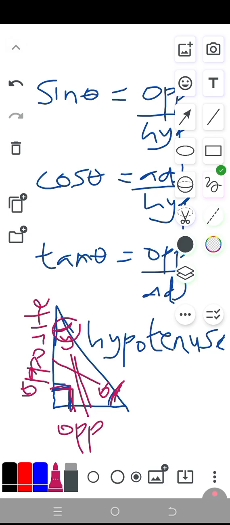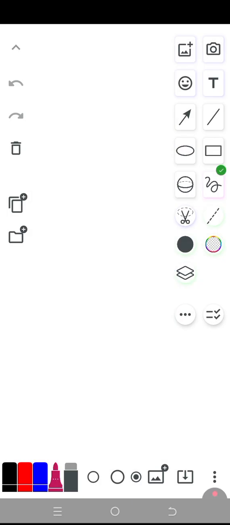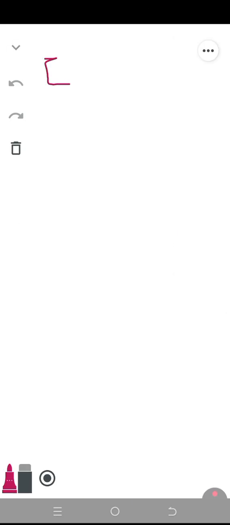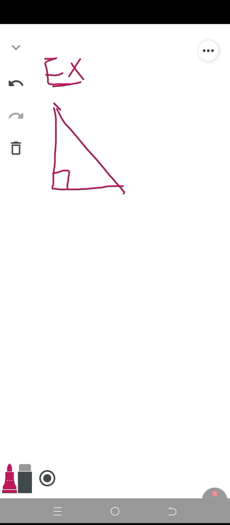Imagine you have a right angle triangle. Here is 6 and here is 3. Sorry, here is 3.